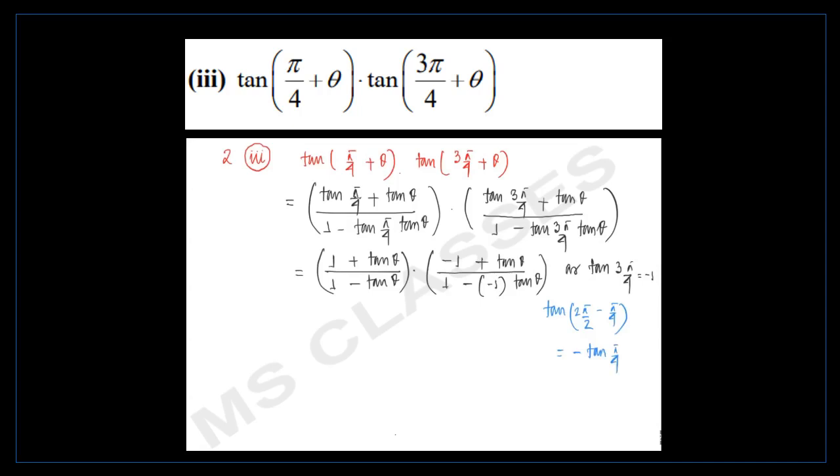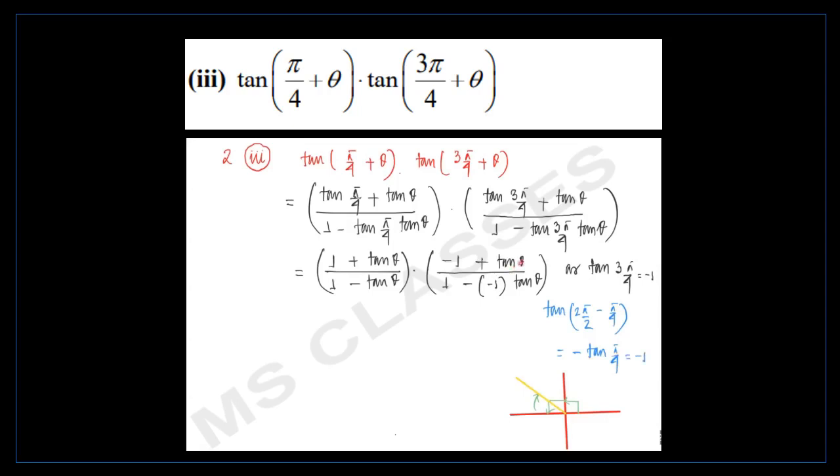Because if we take the quadrants, this lies in the second quadrant, pi by 2 plus something. Second quadrant tan is negative. So what we get? Minus tan pi by 4, which is minus 1.